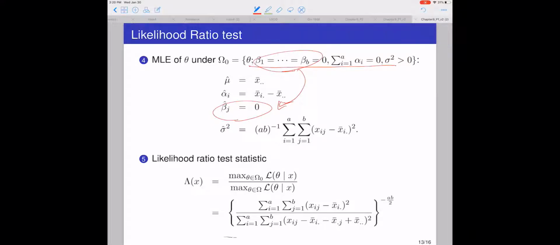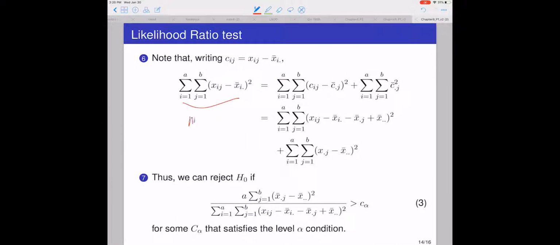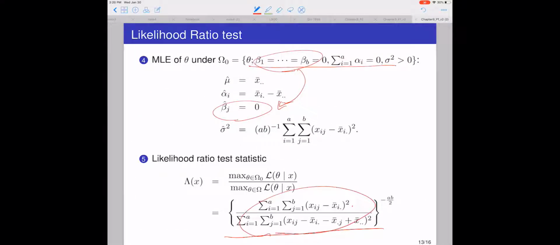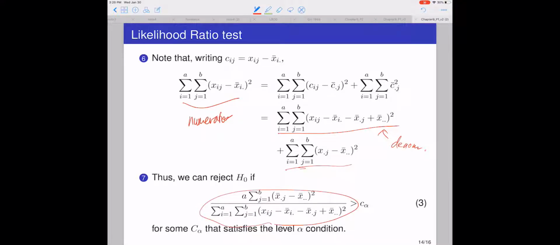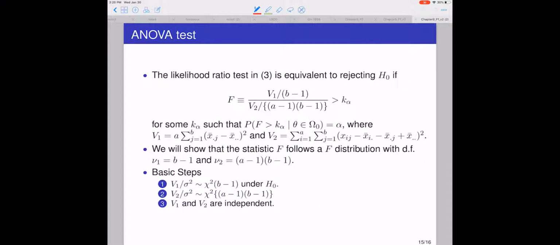Using the same argument, we obtain this likelihood ratio, with a numerator and a denominator. This is just algebra. Basically, making this ratio less than k is equivalent to making this statistic greater than c.